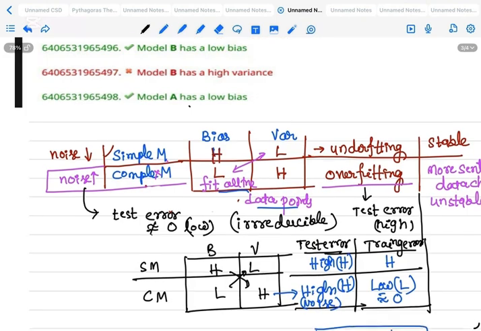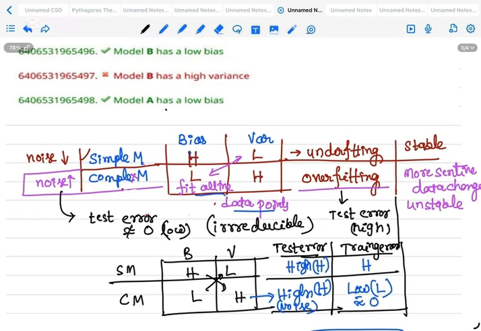There are mainly two types of models: the simple model and the complex model. For a simple model, the bias is high and the variance is low, because the simple model cannot pass through all the data points.